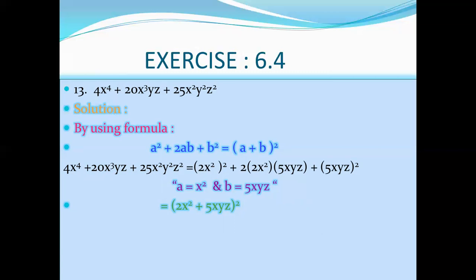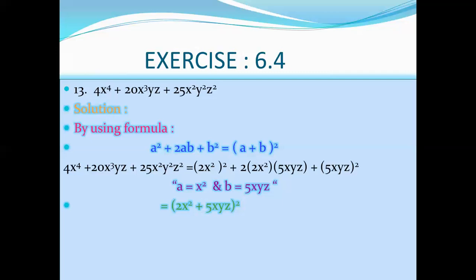So 4x^4 we can easily convert into the form of (2x square) whole square plus 2 into 2x square into 5xyz plus (5xyz) whole square, because there are 3 variables in the last term with 25.